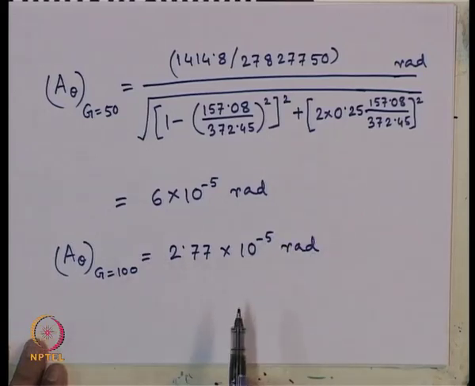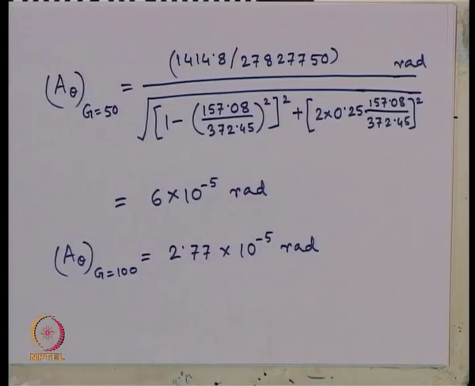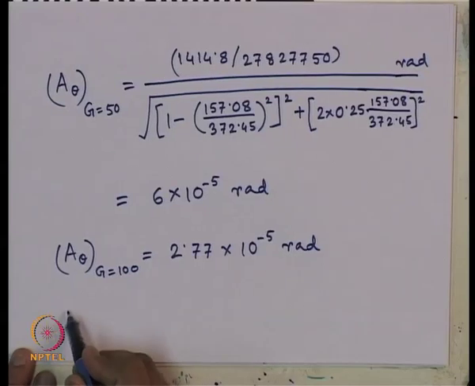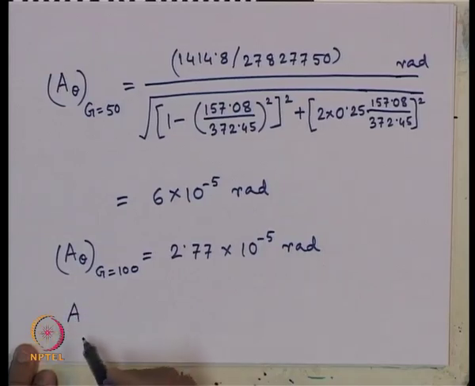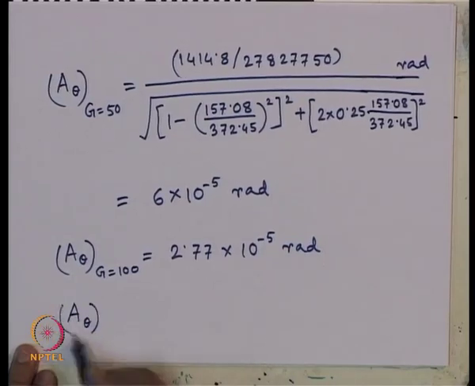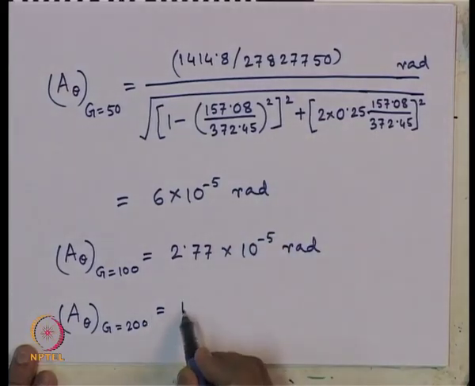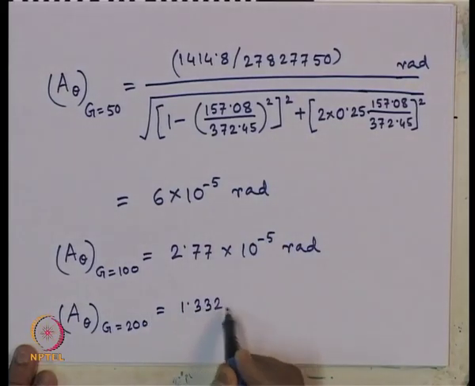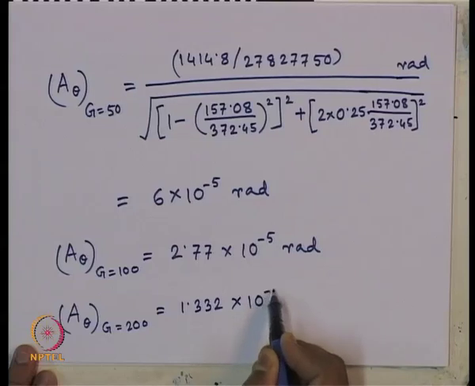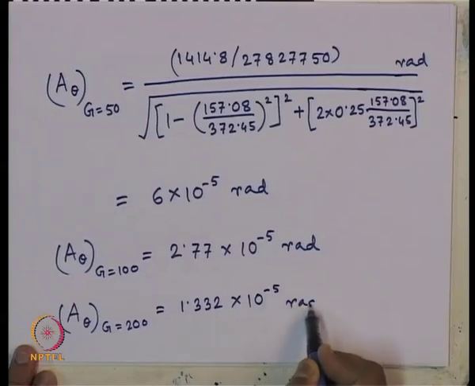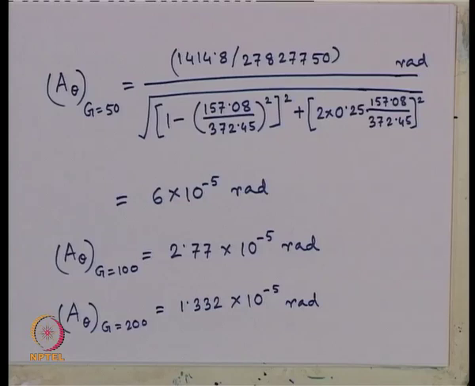And remember, these rotations are twist actually, angle of twist. So, the linear dimension you can accordingly multiply to check with the 0.2 mm criteria. So, A theta for G equals to 200, by putting the corresponding values, we are getting 1.332 into 10 to the minus 5 radian. Okay.